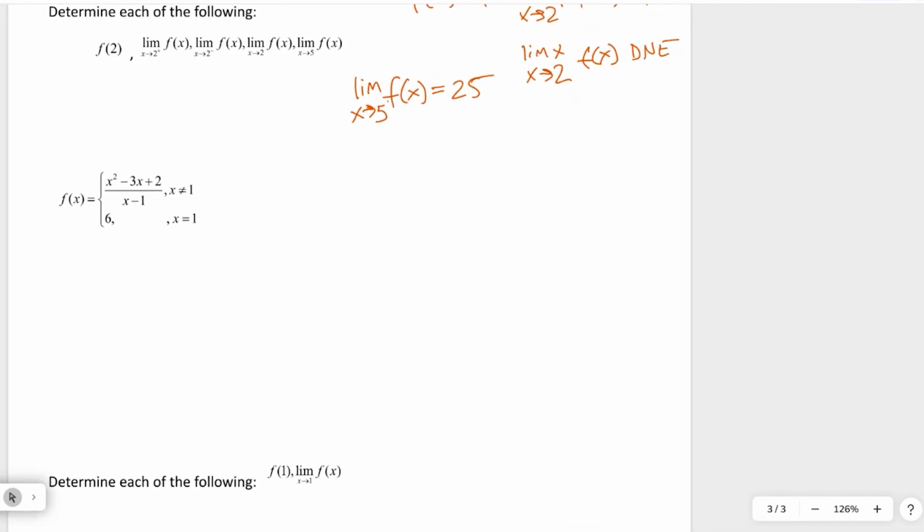Let's start with f of 1 and try to do it without the graph. It's just 6, right? We're going to look at the domain restrictions for each piece and just pick the one that 1 belongs to. 1 belongs to 1, so our output's just 6.